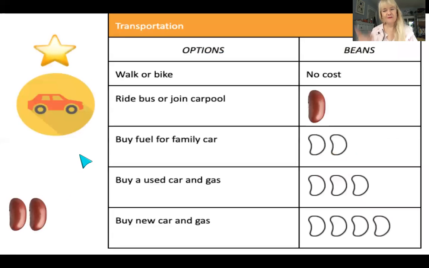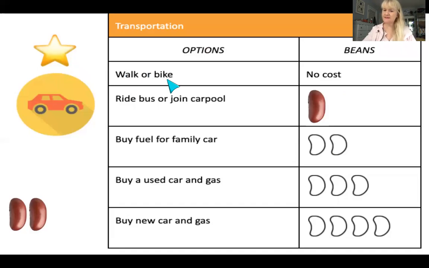Okay, remember, is this category a need? You can tell because there's a star. That means there is a need here and you have to choose something. But the good news is there is a no cost option, which means it's free. That option is walk or bike.